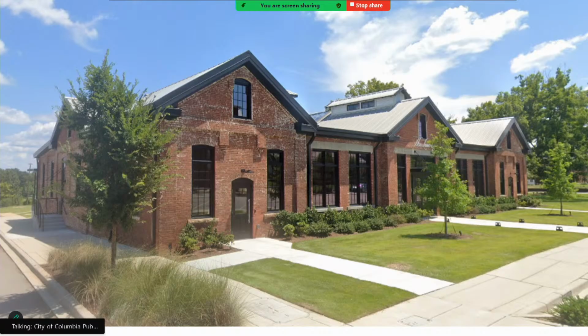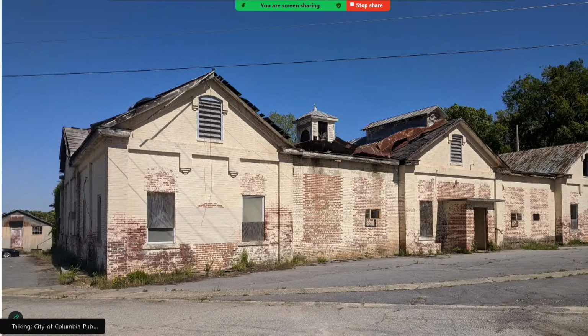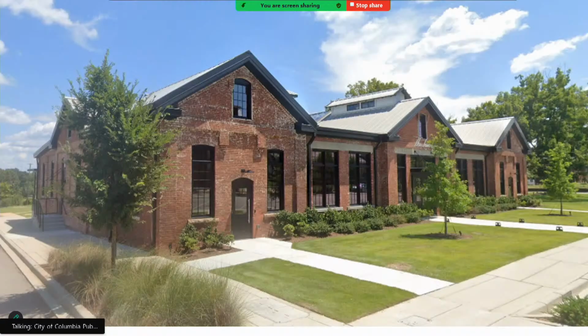They probably could have gone back in with brushes, a couple more layers in certain places to get that more off. But it shows the history. It's a beautiful example of how you can really change the building by removing those later layers. So white to the red brick being exposed again.